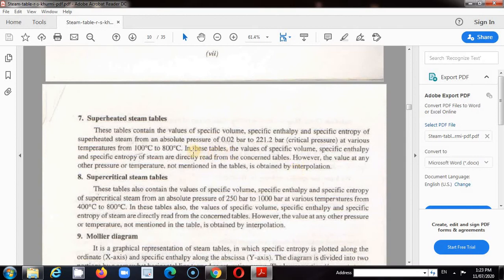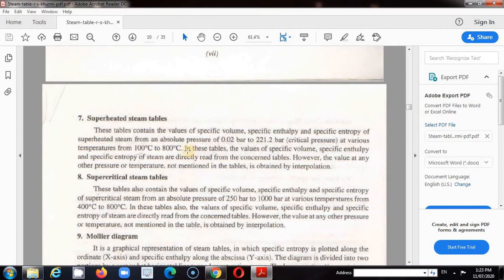Suppose we have to calculate the specific volume, specific enthalpy and specific entropy for a temperature of around 321 degrees centigrade. In the steam table 300 degrees centigrade is available, and after that directly 350 degrees. So with the help of the interpolation method, we can find the in-between values of enthalpy, entropy as well as specific volume.